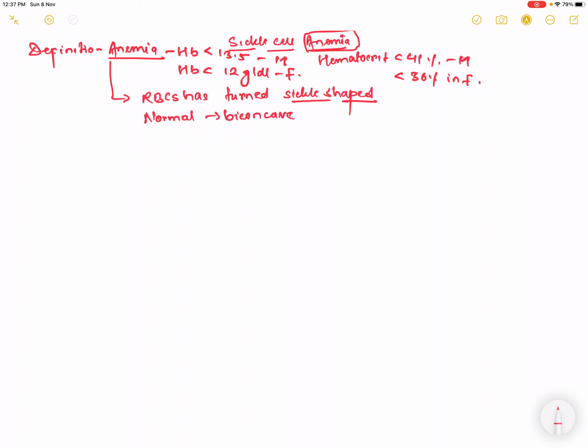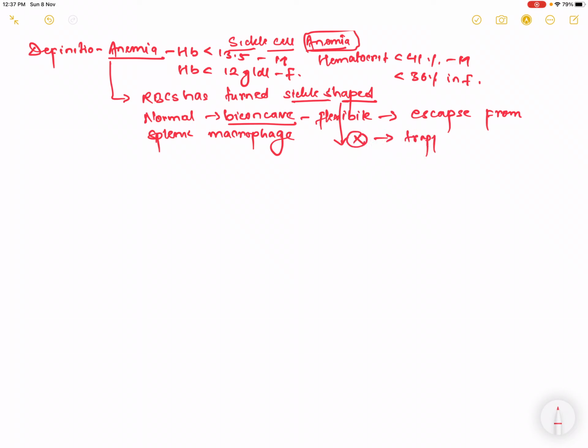This biconcave shape is more flexible, so it escapes from splenic macrophages. So what happens to sickle cell RBCs? They do not escape. They are easily trapped, and once trapped, they are hemolyzed. So what happens when hemolyzed? It causes anemia. So this is sickle cell anemia.